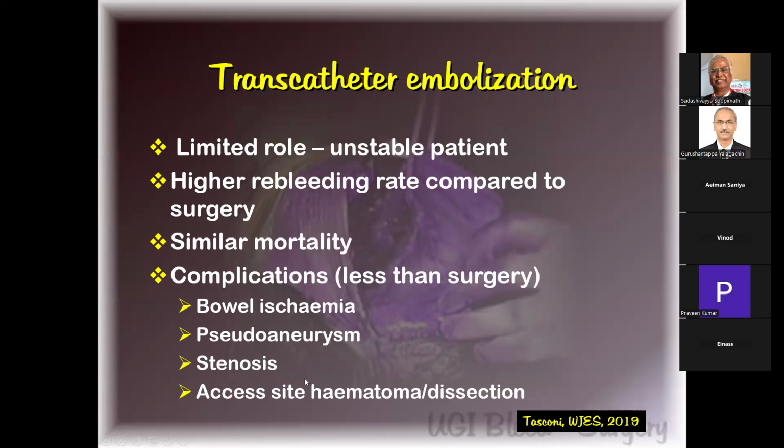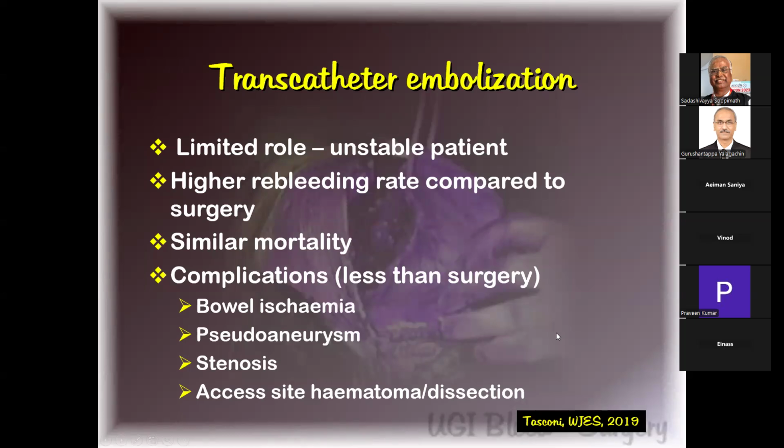You can have stenosis because of ischemia. That's a late phenomenon; a few weeks or months after your intervention, it can give rise to stenosis. And you can have minor complications like access site hematomas and dissection. Your catheter can dissect, and that can cause distal ischemia.